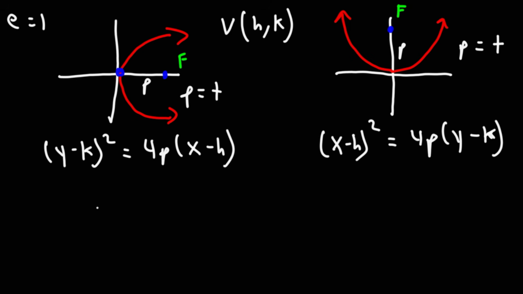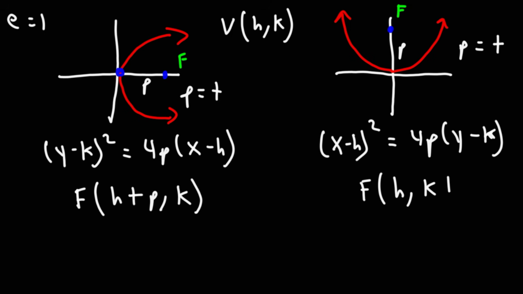So to find the coordinates of the focus, for this one, it's h plus p comma k. So we traveled p units from the vertex to get to the focus, but we moved along the x-axis, so we add p to h. For the one on the right, we're going to add p to k, so it's h comma k plus p.